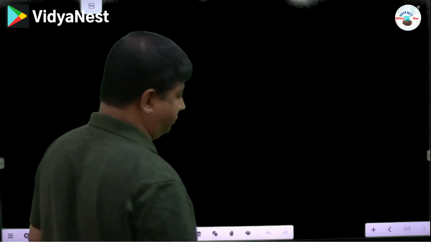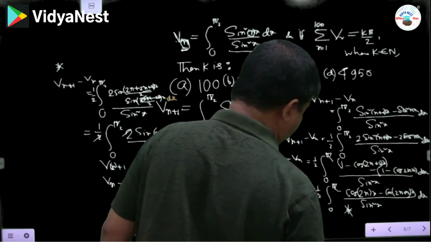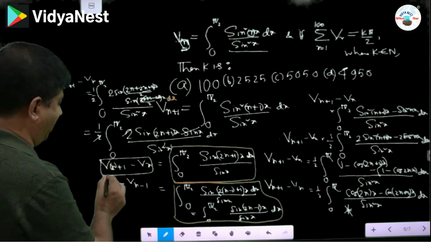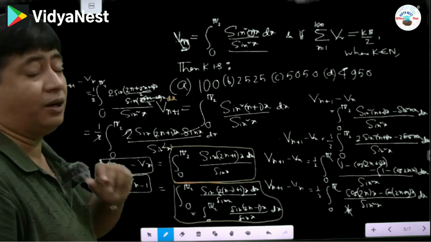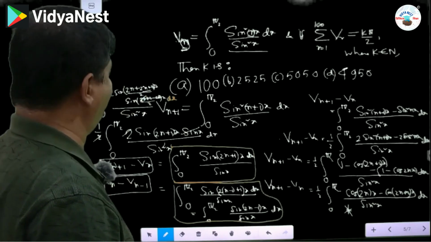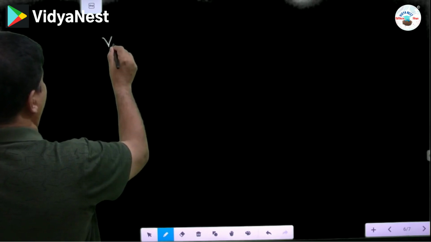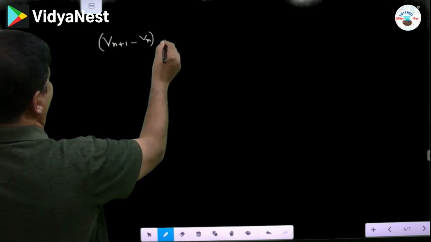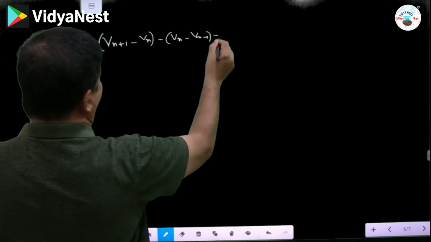Previously we had this value Vn plus 1 minus Vn, and Vn minus Vn minus 1. These two we have got. Now I will subtract second one from first. See the outcome. Vn plus 1 minus Vn minus Vn minus Vn minus 1.